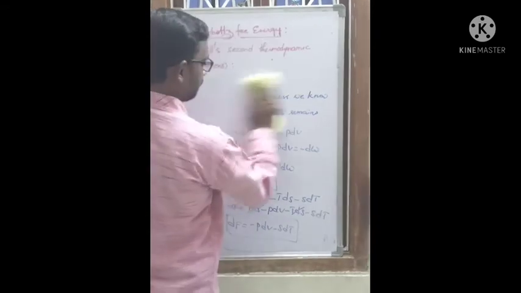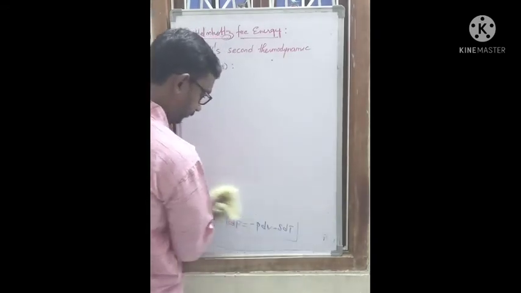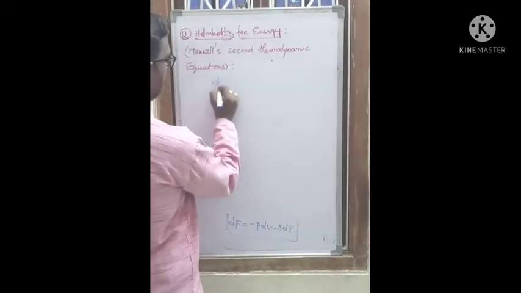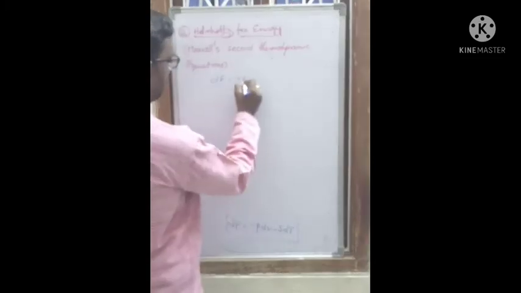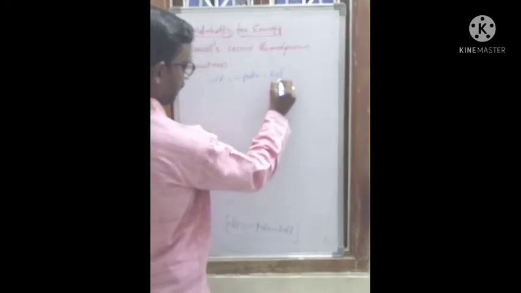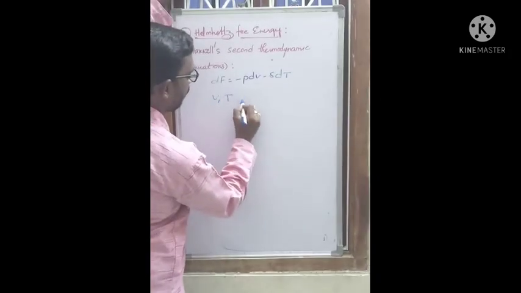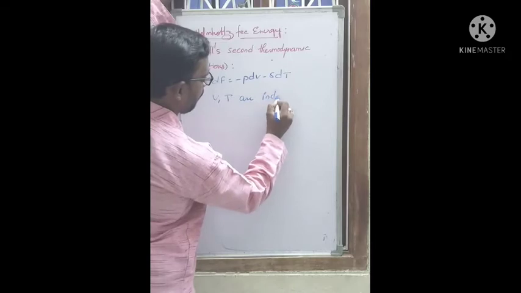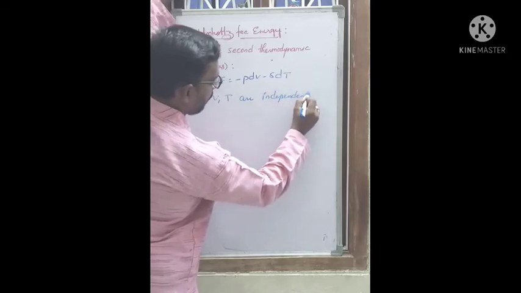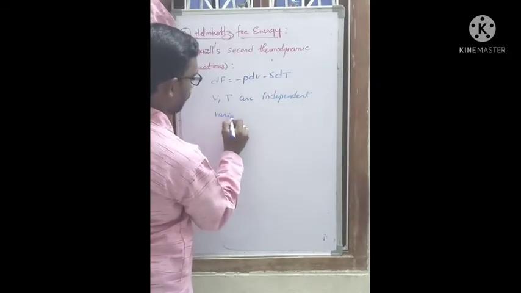With the help of this equation we are going to derive Maxwell's second thermodynamic equation. Let us take dF equal to minus PdV minus SdT. Here V and T are independent variables.